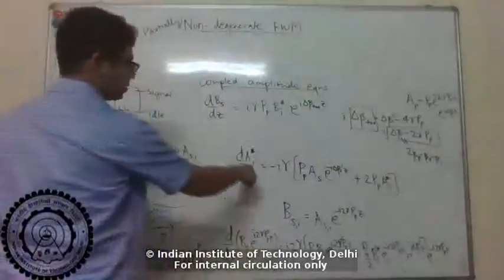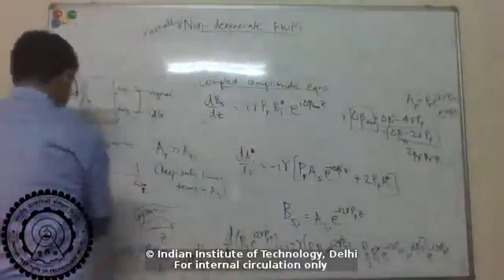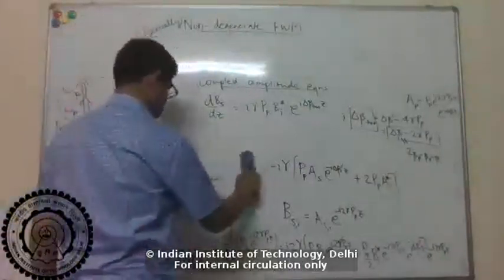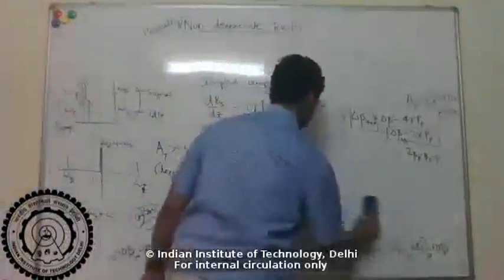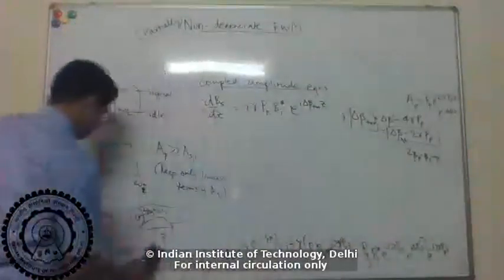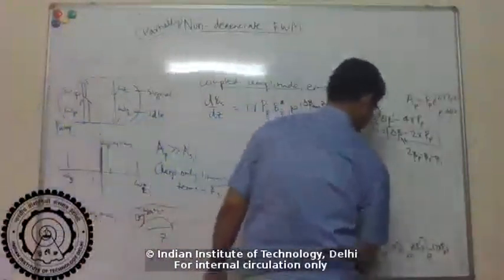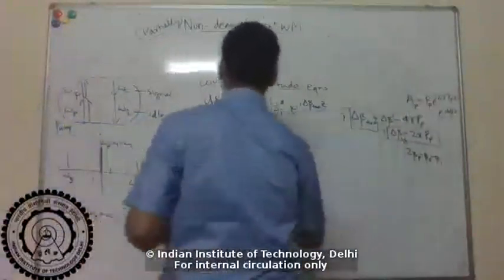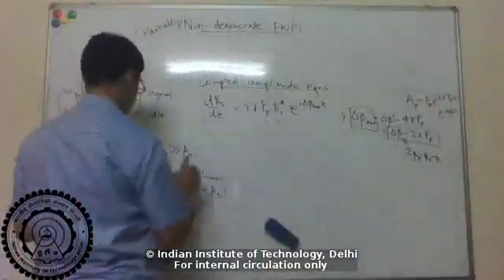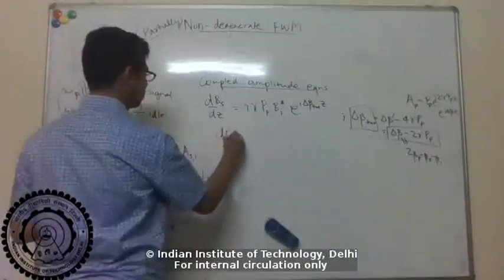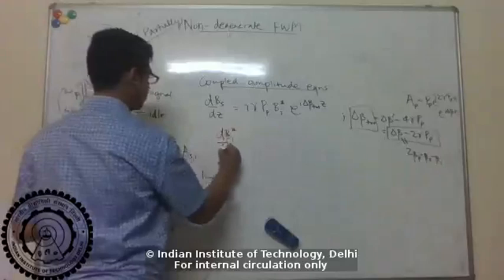So similarly, I'll get the equation for the idler in terms of the B variable, with Bi conjugate.